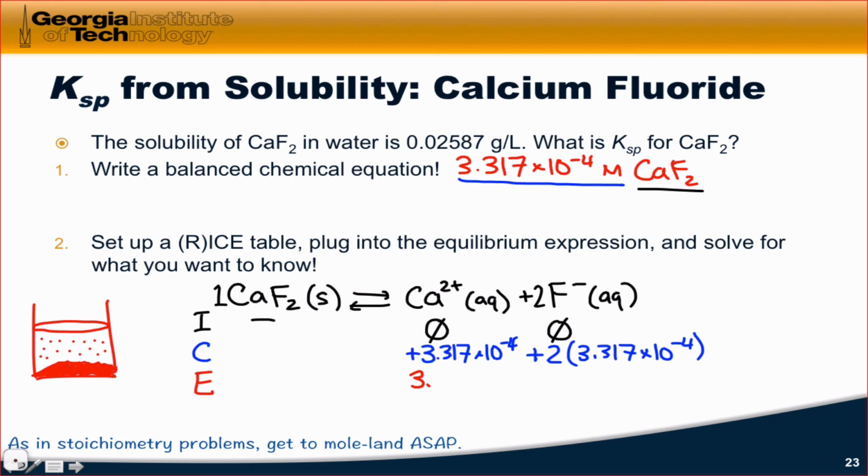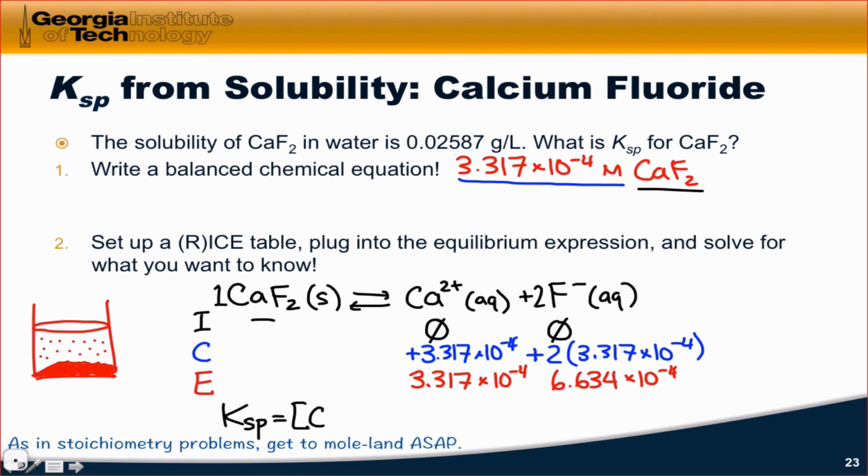The equilibrium line is 3.317 times 10 to the negative 4 for calcium 2 plus, and for fluoride it is twice this, which is 6.634 times 10 to the negative 4 moles per liter for fluoride. From here to calculate KSP, we need only write the form of the equilibrium expression and plug in these equilibrium concentrations.